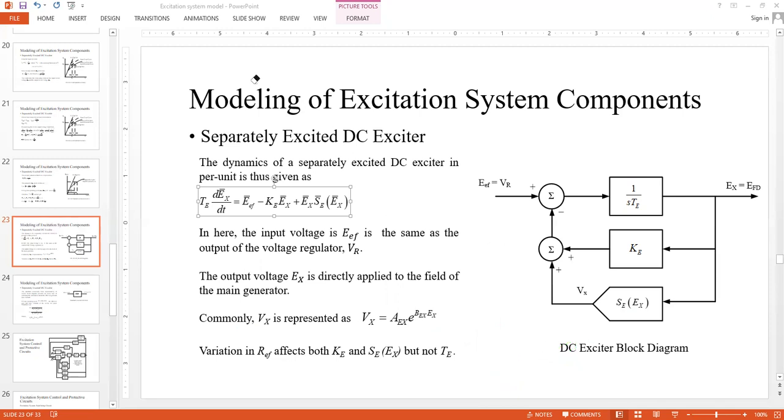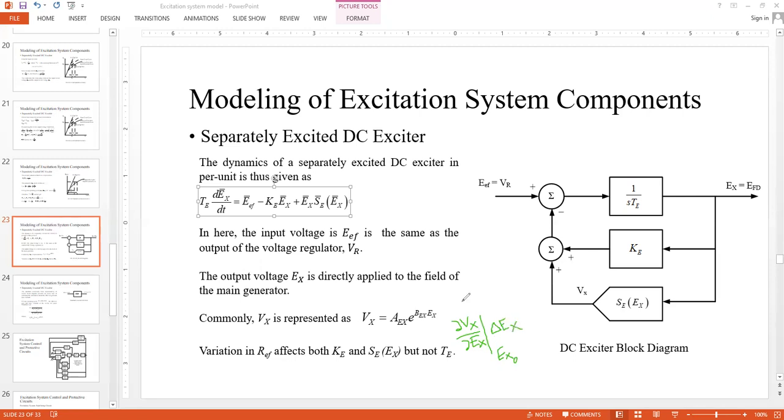By that I mean this: you calculate dVx over dEx and evaluate it at Ex naught, because this is the operating point, and by the change in variable, that is del Ex.